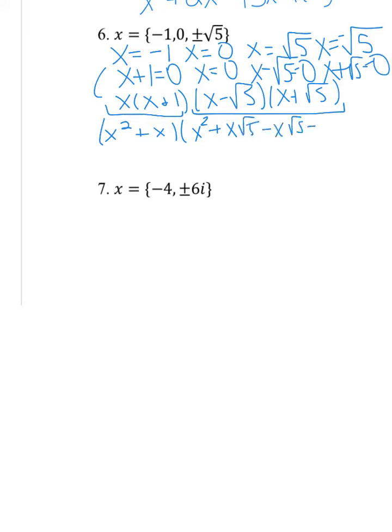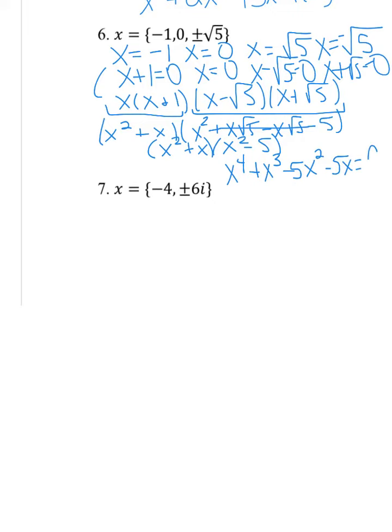And then minus the square root of 5 times the square root of 5 is the square root of 25, or just 5. So this cancels. So I'm multiplying now x squared plus x times x squared minus 5, and I get my final answer of x to the 4th plus x to the 3rd minus 5x squared minus 5x, and that is f of x.